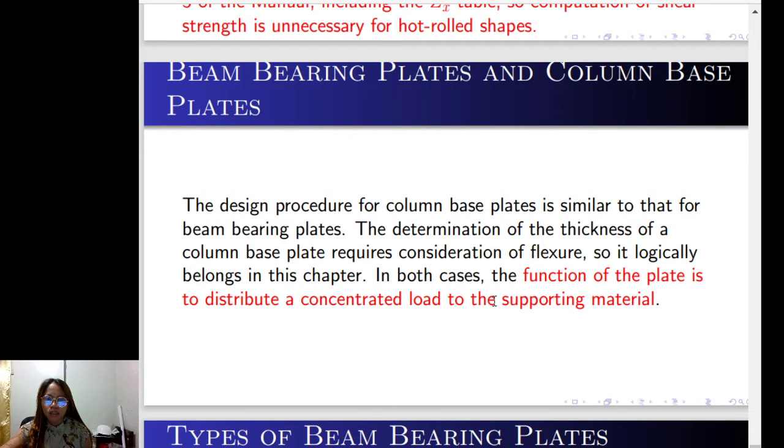In both cases, the function of the plate is to distribute a concentrated load to the supporting material.